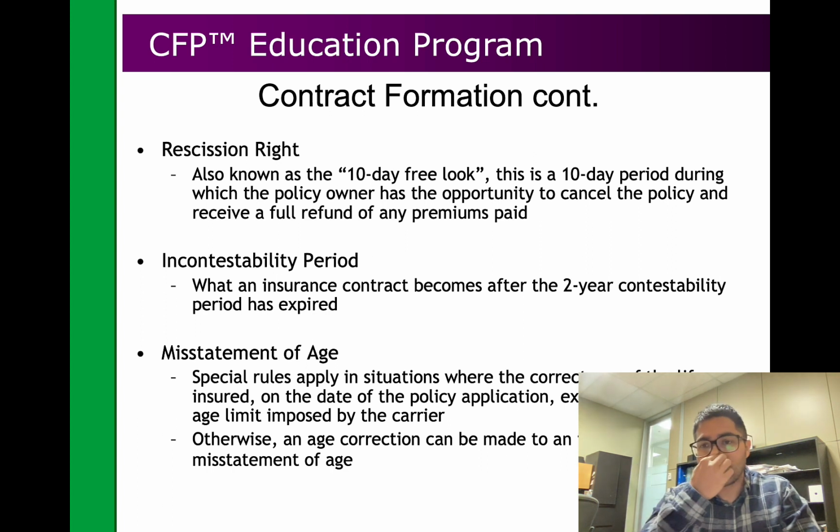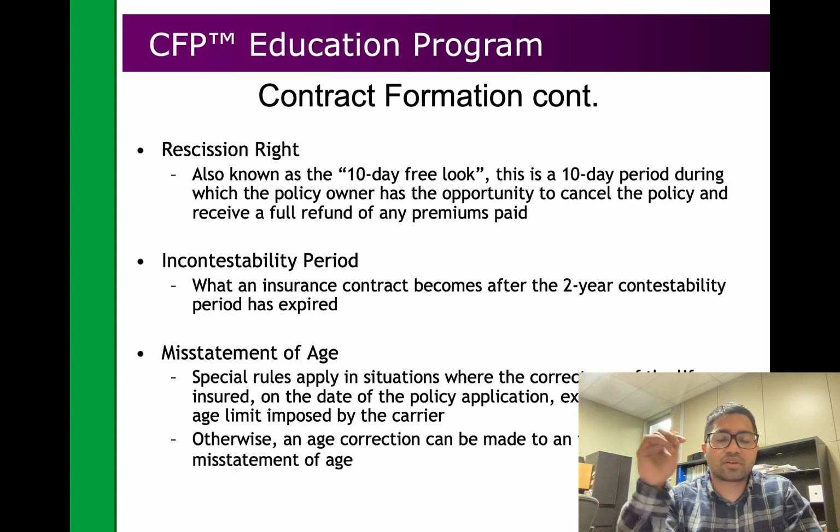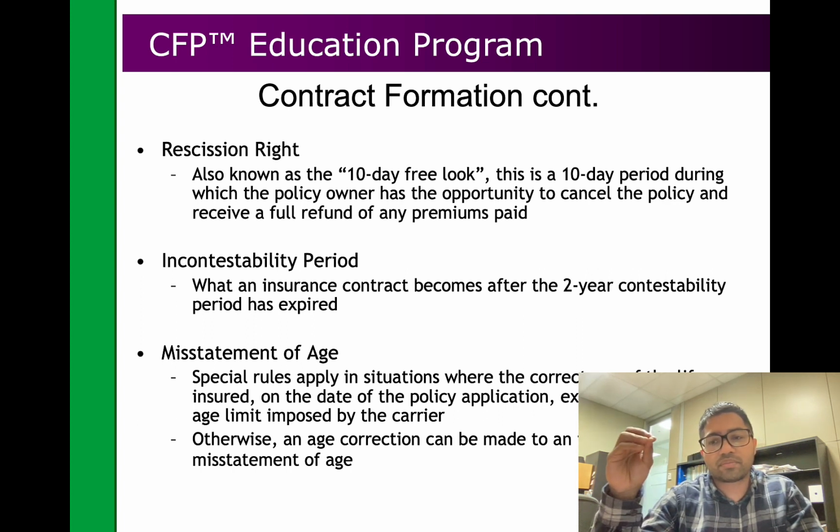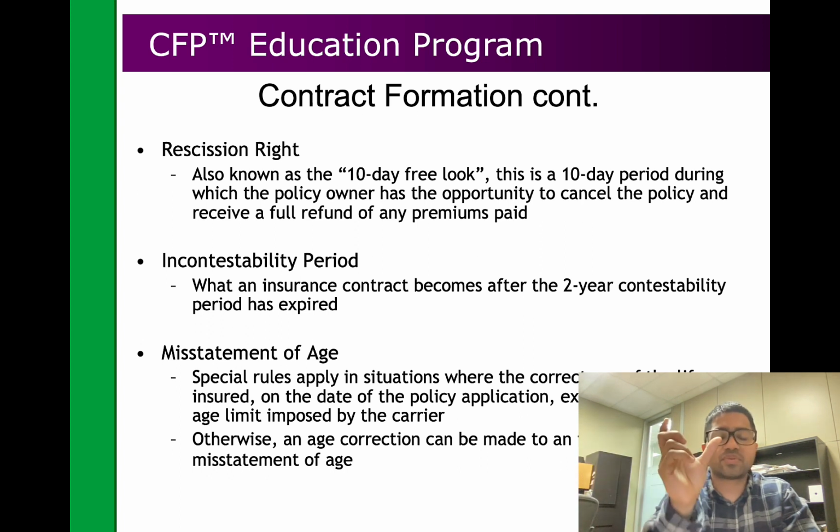For example, you forgot a medical report, or you forgot the date of a medical report, and it happens within the 2-year contestability period, then the insurance company can cancel your insurance policy or charge you higher premiums.